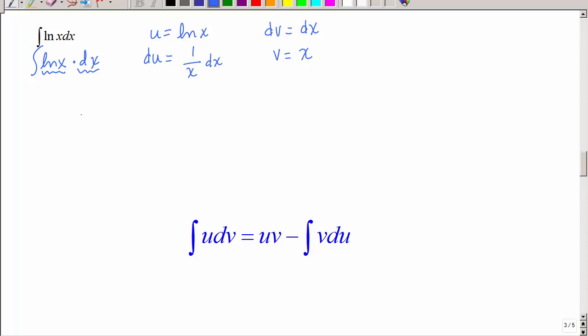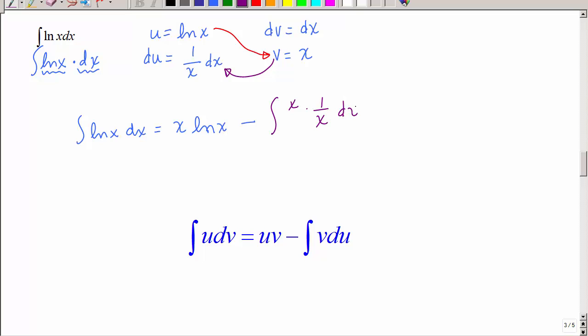So if we have the integral of the natural log of x dx, remember it's u times v, so we're going to have x times the natural log of x minus the integral of v du. So that's going to be x multiplied by 1 over x dx.